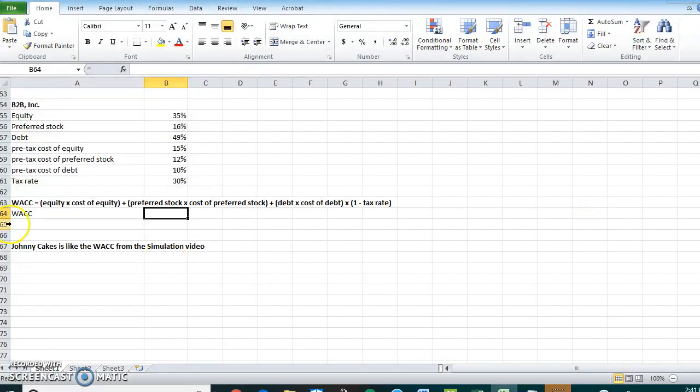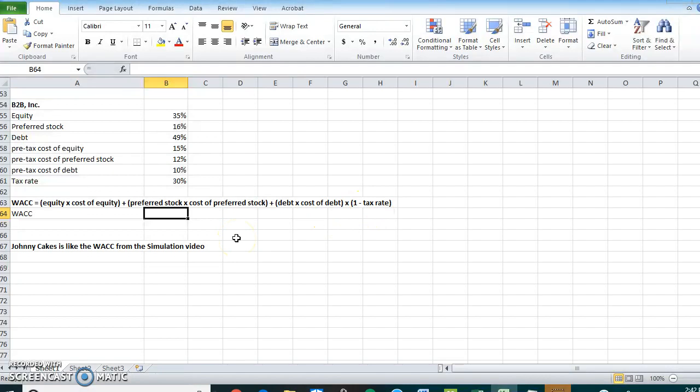So, our WACC is the equity times the cost of equity, plus the preferred stock times the cost of preferred stock, plus the debt times the cost of debt, times, I just want to double check that I'm supposed to multiply. Yes, I am. Times 1 minus the tax rate.